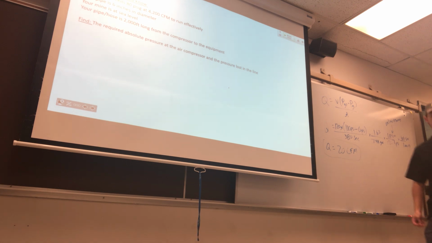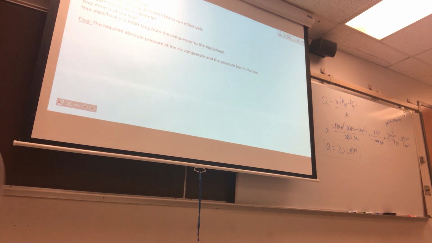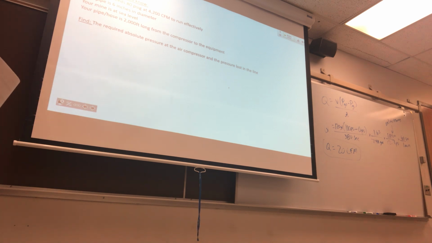So if you had a compressor and 2,000 horizontal feet of pipe, what's the required absolute pressure at the air compressor and the pressure lost in the line? So we would be calling 80 psig P2, right? Yes, what you need at the end. Yes, absolutely. Okay, I'll give you all 5 minutes to try to crunch through this on your own.